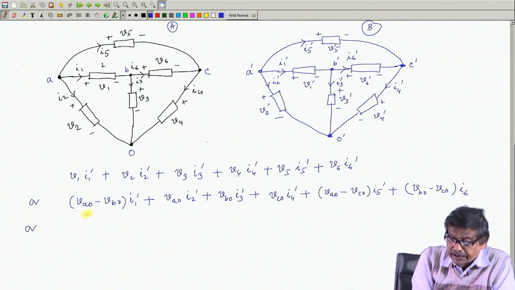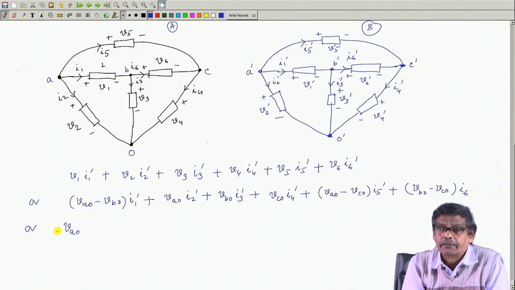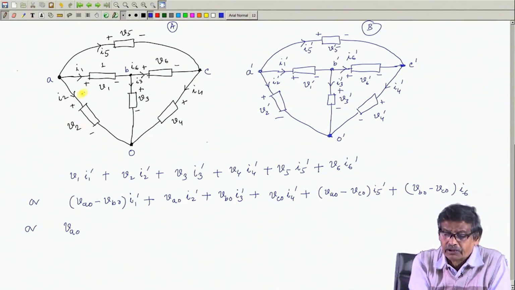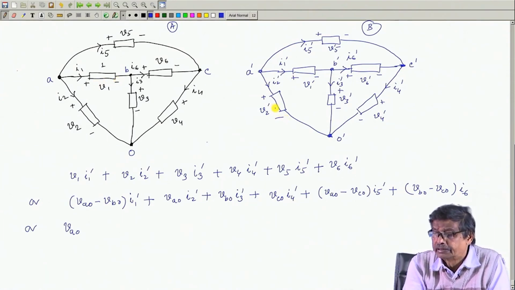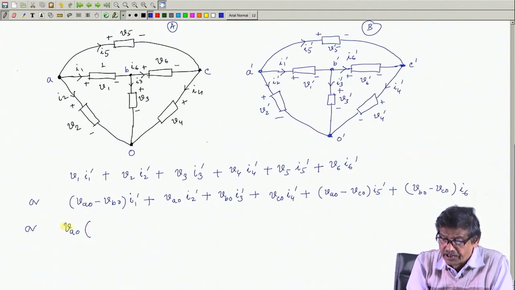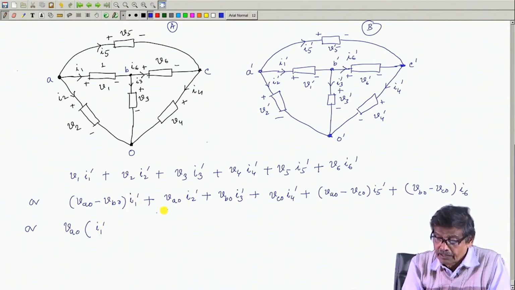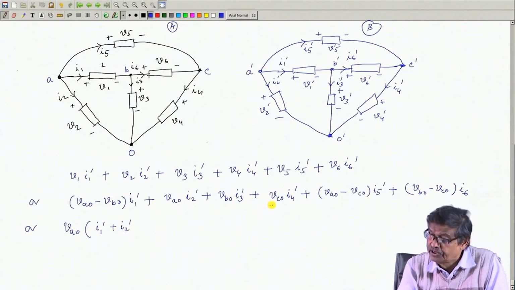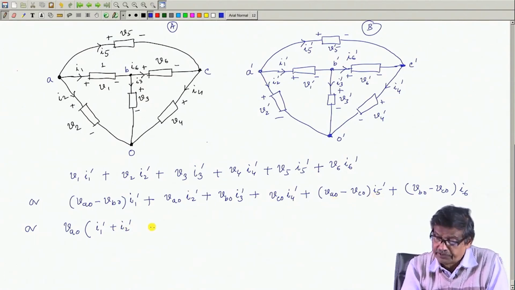And once again I collect the terms of V_A0. So, just out of curiosity I have multiplied without knowing really what it physically implies. I have taken the voltage across element 1 and multiplied with I1 dashed of circuit B and so on, just out of curiosity. And then I collect the terms of V_A0. What will I be left with? I1 dashed plus I2 dashed plus I5 dashed.